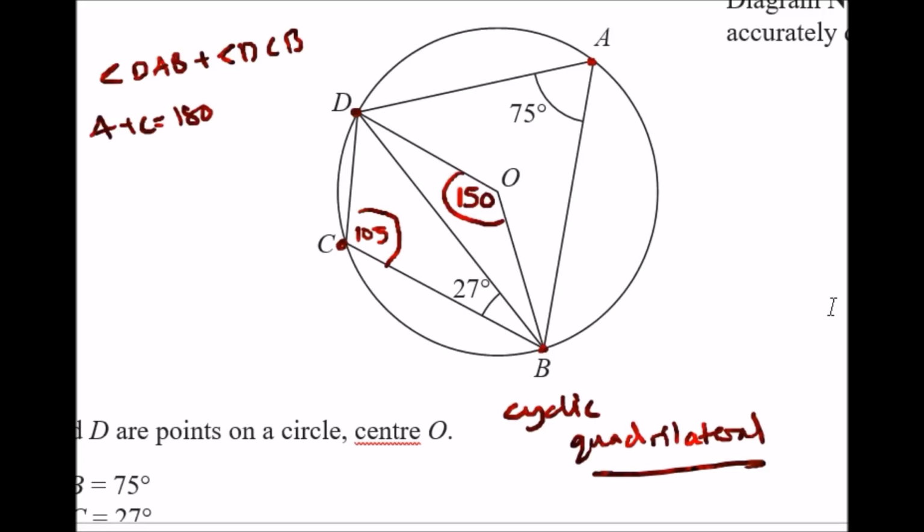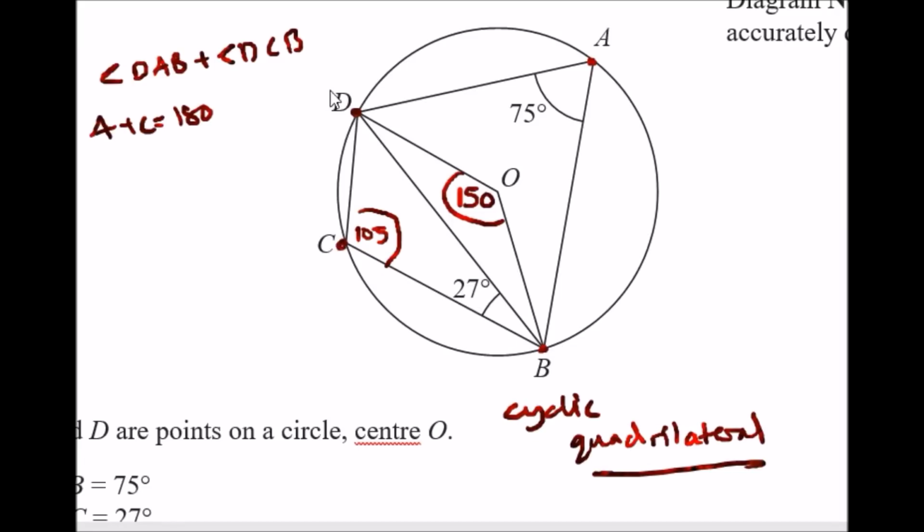So far it's looking good. Now we also know the sum of this entire region would equal the sum of this region. So this is 150, 75. Actually, no, what am I talking about? We are almost finished. So we got 27, 105, so we can work out the angle of this triangle.